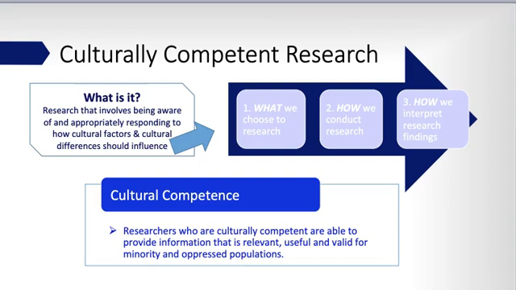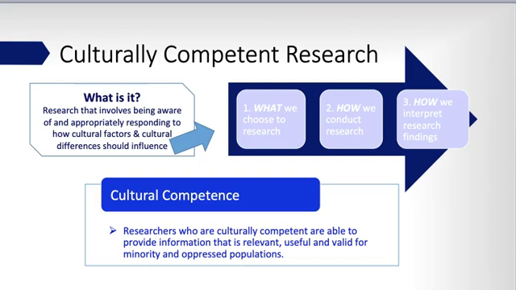And if there isn't representation, then the study should not try to generalize to populations that have not been represented in the sample, right? So I hope that that makes sense. I sort of went back and forth a little bit on that.